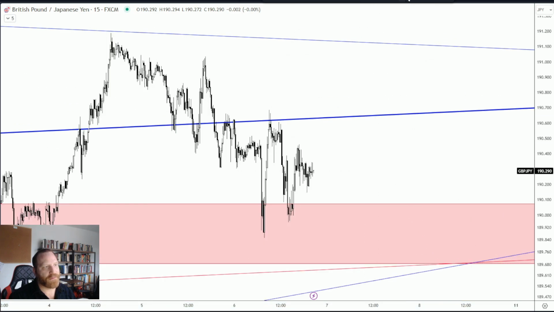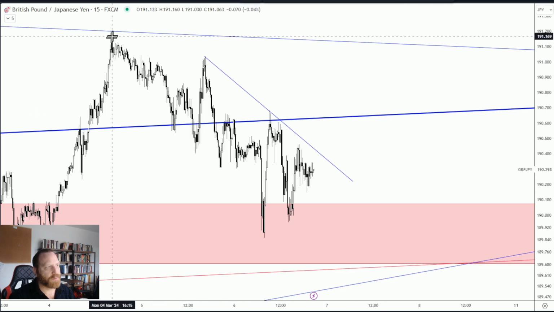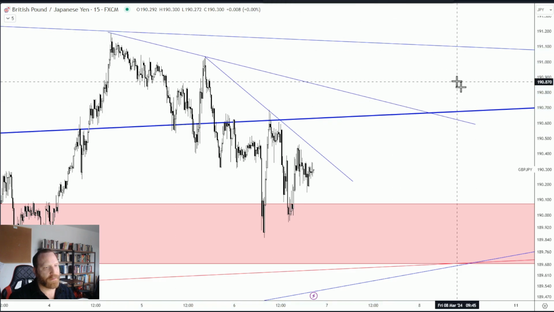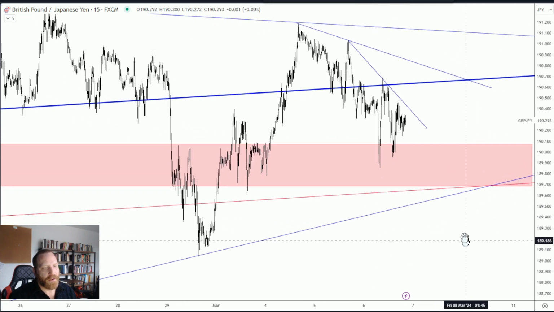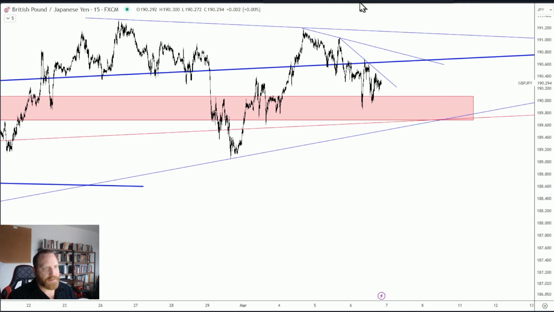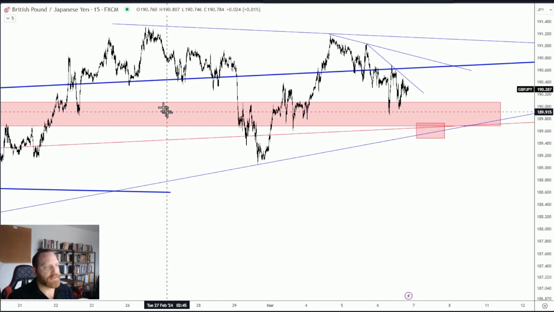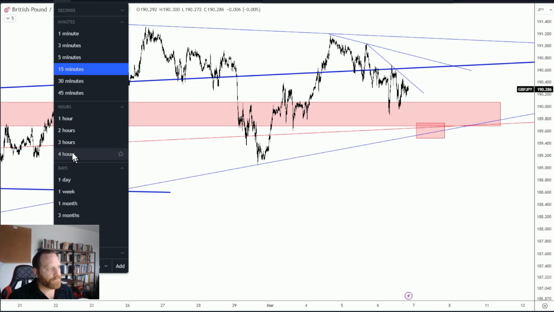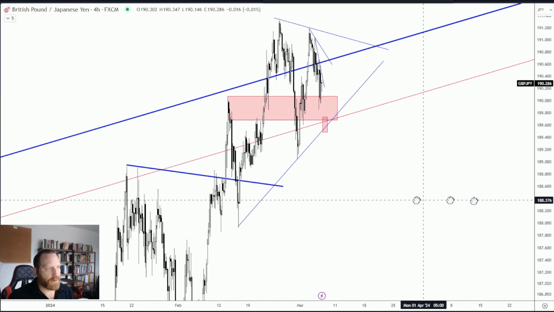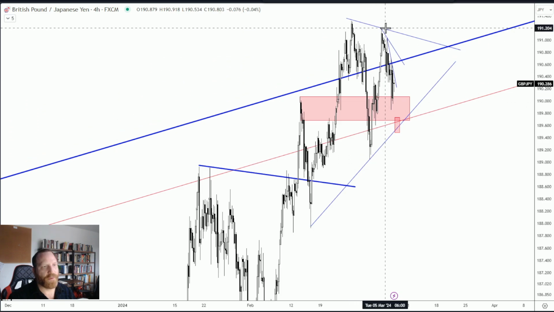So right now we have a structure over here. This would be one point of breakage. And the other point is this zone over here, which is the bottom of the pennant. And I had traced this zone a long time ago, but it broke through and then went back up.